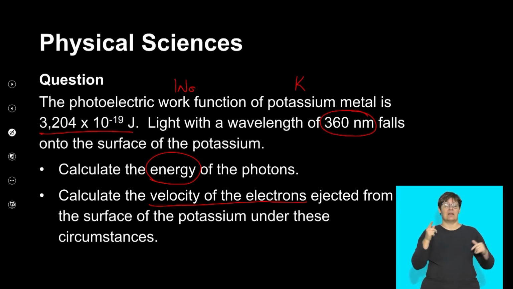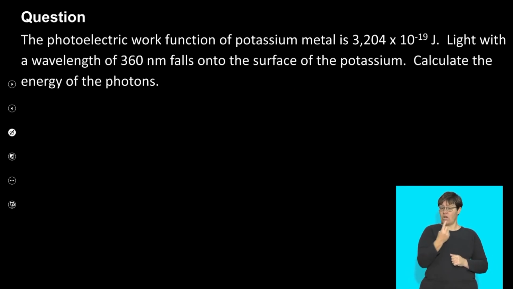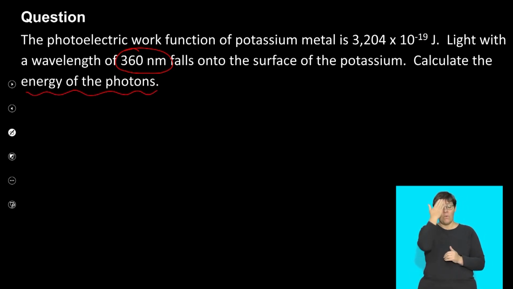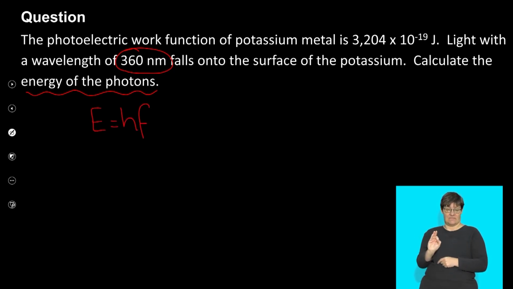So let's start at the beginning. The first thing, we know the work function. This is the problem that now we sort of hit a roadblock, because they want the energy of the photons. We know that E equals hf, but I wasn't given f.